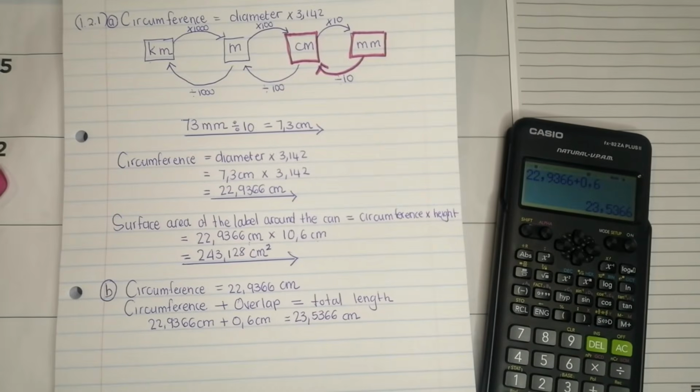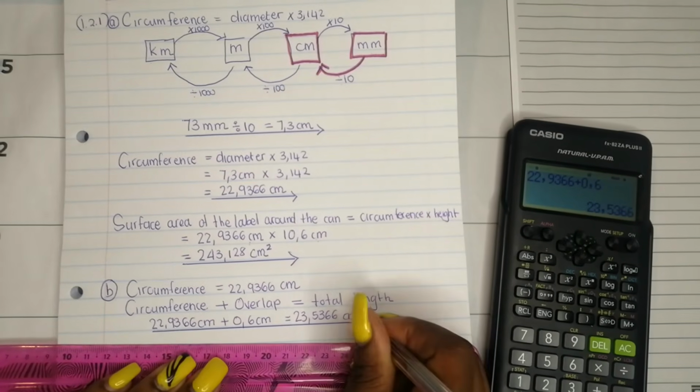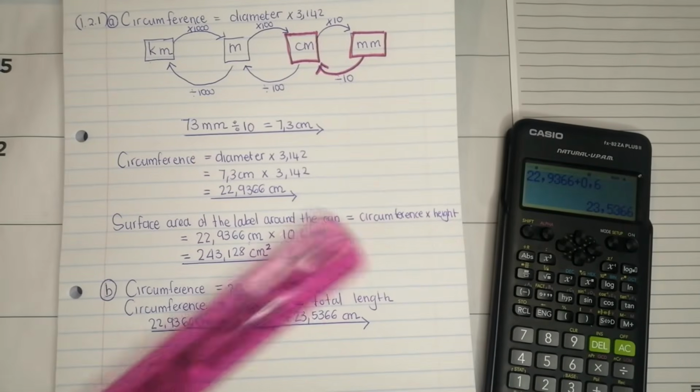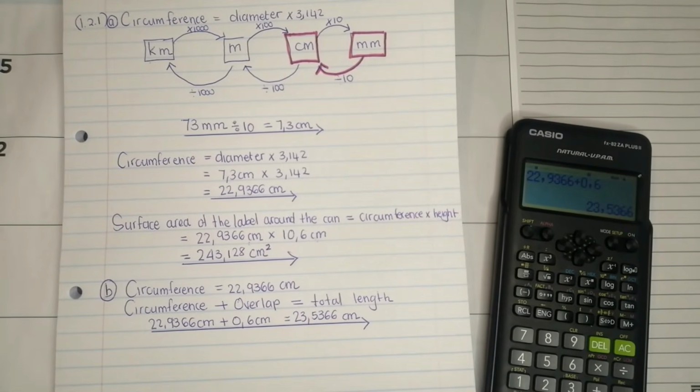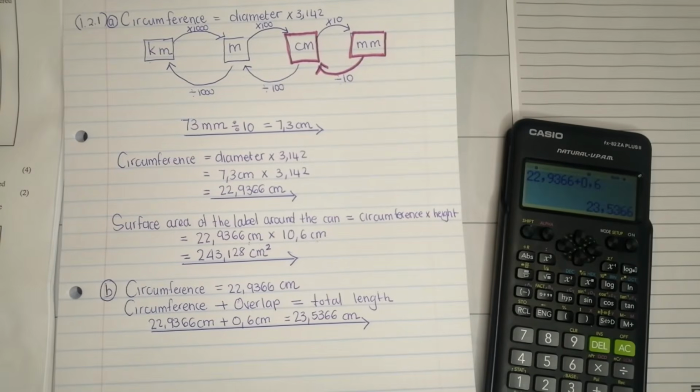So that is the total length of the label that will be needed if you have to have an overlap of 0.6 centimeters. You see how important it is to understand circumference.